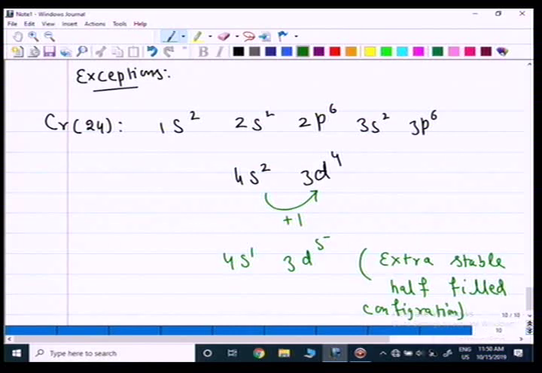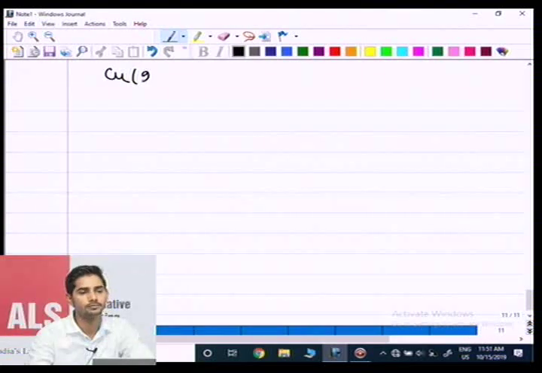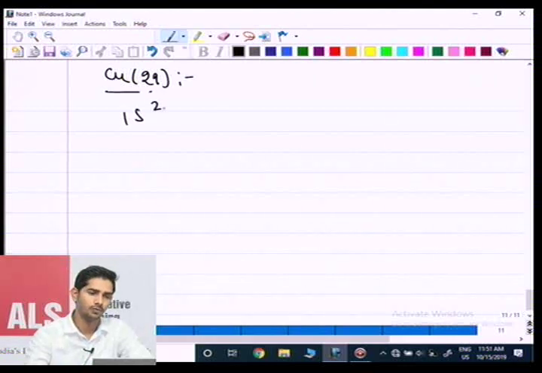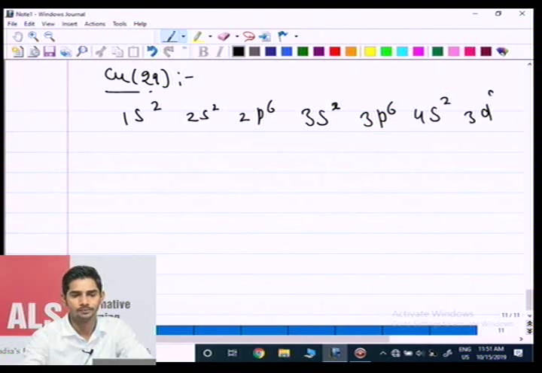Okay, so let's move on to the next exception, which is copper, 29. See, 1s2, 2s2, 2p6, 3s2, 3p6, 4s2, 3d9. Again, by shifting one electron from here to here, 4s will become half filled and 3d will become fully filled.